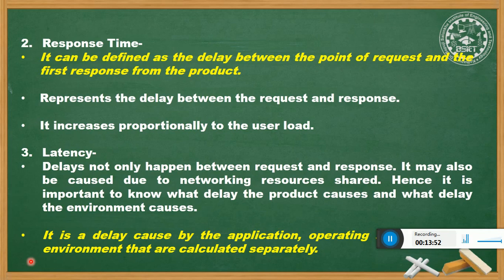But delays not only happen between request and response. They may also be caused due to networking resources shared. Hence, it is important to know what delay the product causes and what delay the environment causes.